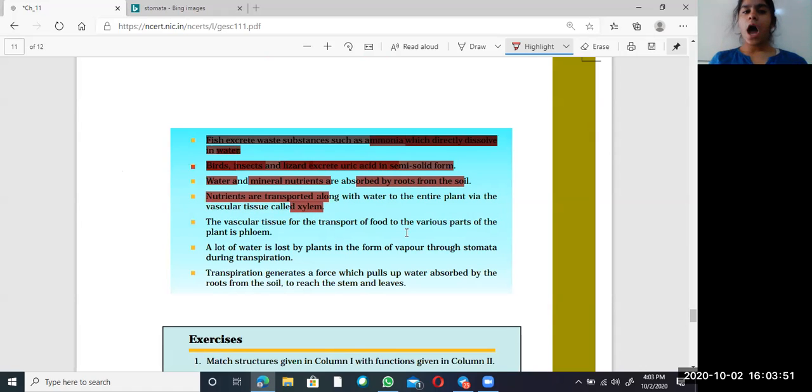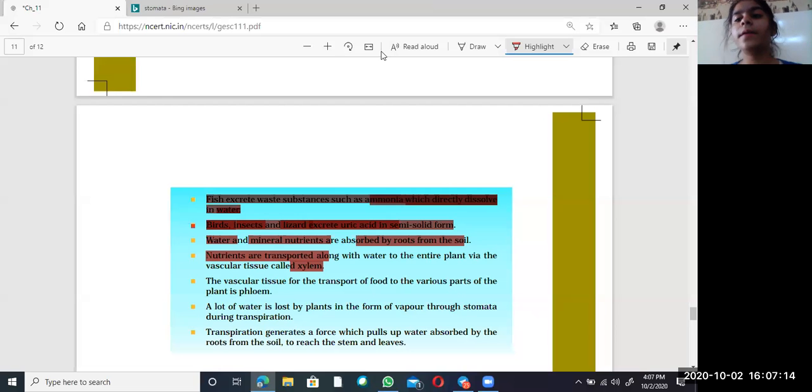Okay. Aage jaoge, when you go in further grades, when you go in 9th, then you will study what are the types of xylem. Types of the xylem, tissue xylem, parenchyma and sclerenchyma. You have so many types of xylem tissues. Right?